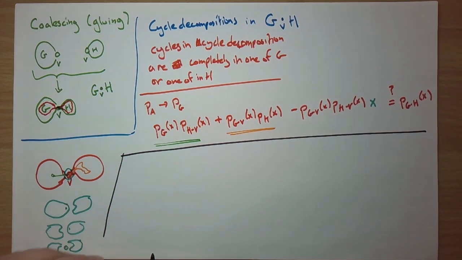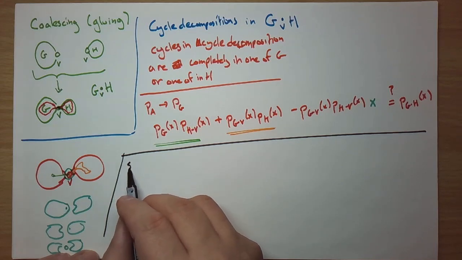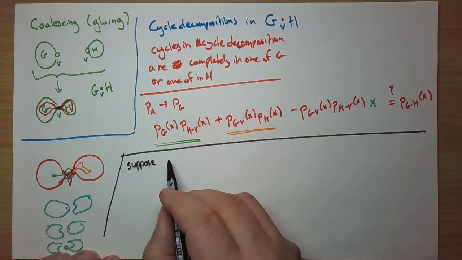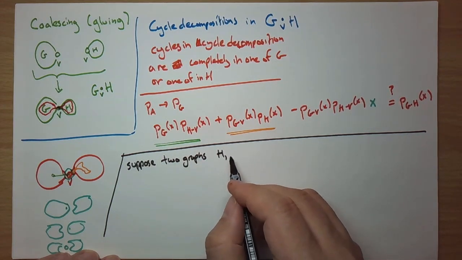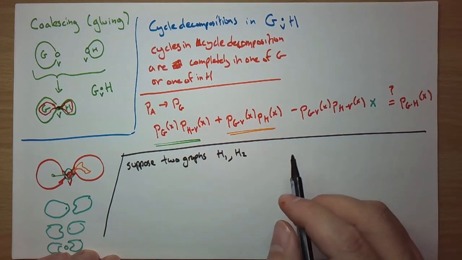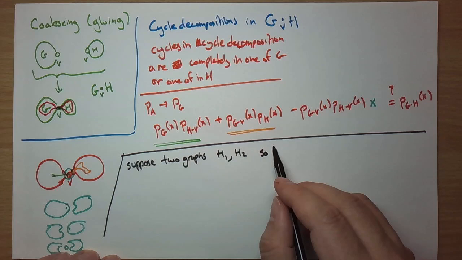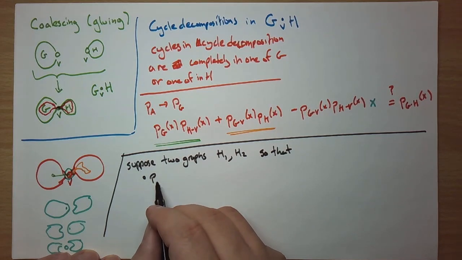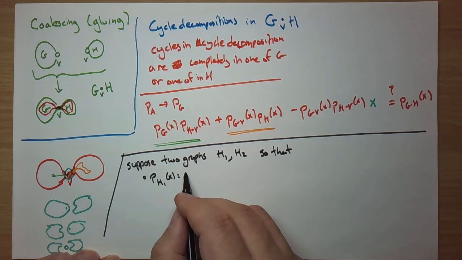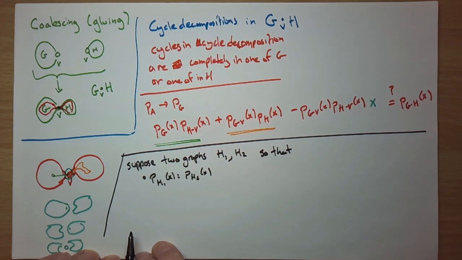So here's a little fun fact which says, okay, just suppose for a second, I have two graphs, H1 and H2, so that I have that P of H1 of x is P of H2 of x. Okay, that just says they're co-spectral. They have the same characteristic polynomial.